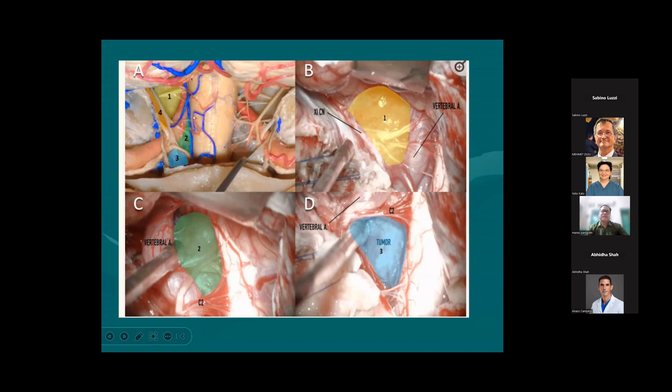These are the four corridors. If the tumor is seen in any of these, it can be done through a midline posterior fossa approach. One need not do an extreme lateral or far lateral approach.